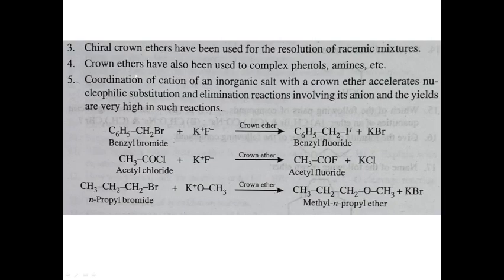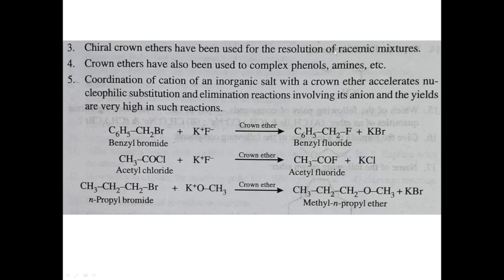Another application is chiral crown ethers. Chiral, you might have studied in stereochemistry, means one carbon atom is attached to four different atoms. Chiral crown ethers have been used for the resolution of racemic mixtures.